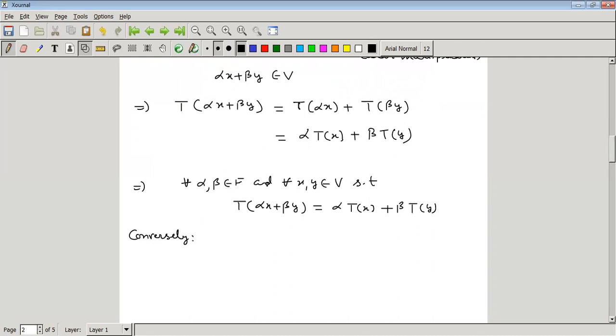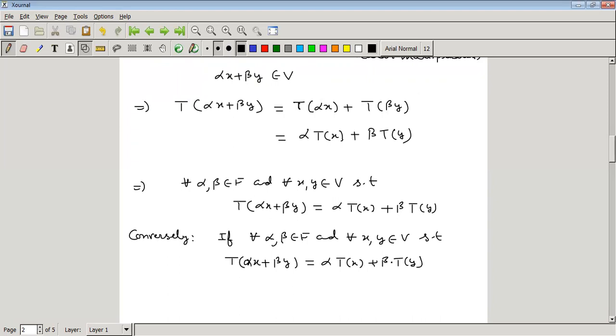now we assume this part, right? So if for any alpha, beta in the field and for any x, y in V, T of alpha x plus beta y equals alpha times Tx plus beta times Ty.